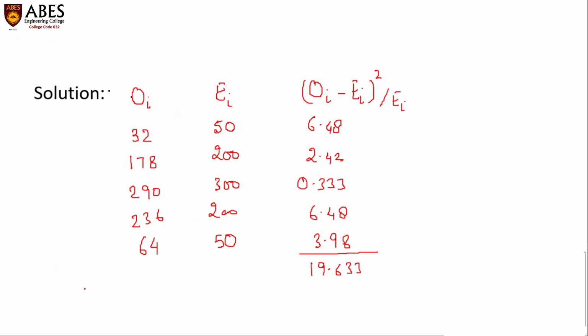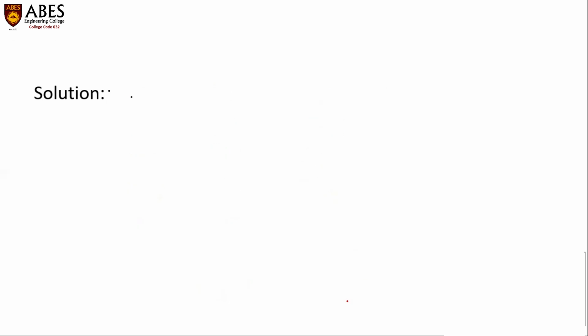And why do we add these values? Because the chi-square statistic is equal to summation of Oi minus Ei whole square upon Ei, right? That is 19.633. So this is what we get as the chi-square statistic.